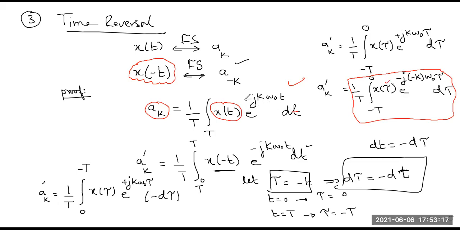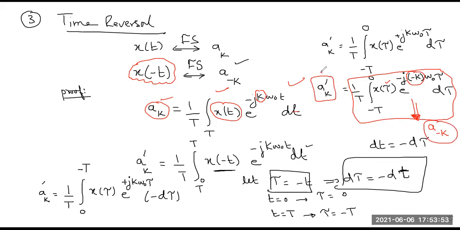You can clearly see that in the original expression for A k we have e power minus j k, and now we have e power minus j minus k. So this whole expression in red is nothing but A sub minus k, as if you have replaced k by minus k. If this expression is A sub k, this expression must be A minus k. So we have found that A k dash is equal to A minus k.